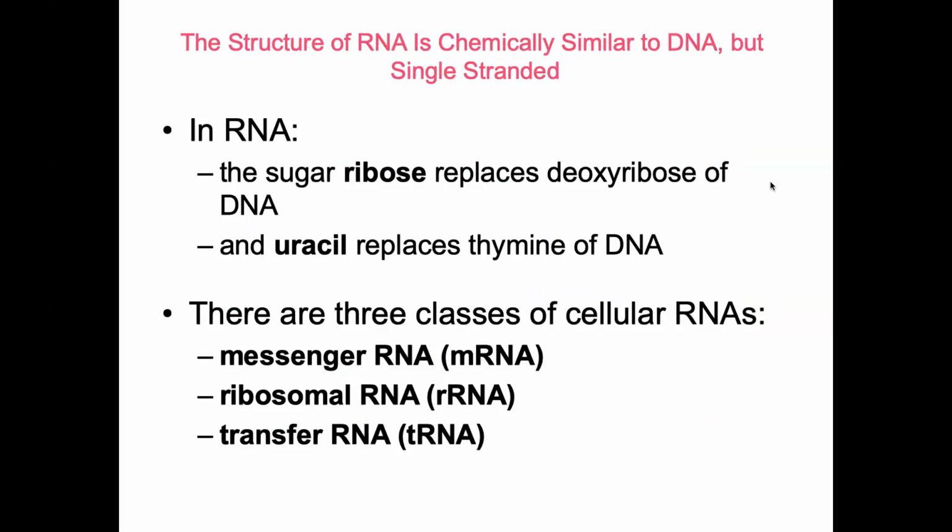And there's three predominant forms. These aren't the only forms of RNA in a cell, but these are the predominant forms. There's messenger RNA, mRNA, ribosomal RNA, rRNA, and then transfer RNA or tRNA. So these are RNA, they're all the same. We'll talk more about them when we talk about transcription and translation, the actual process of gene expression.